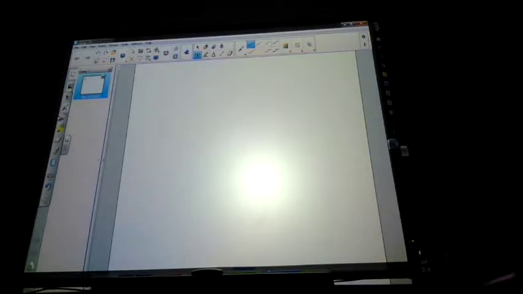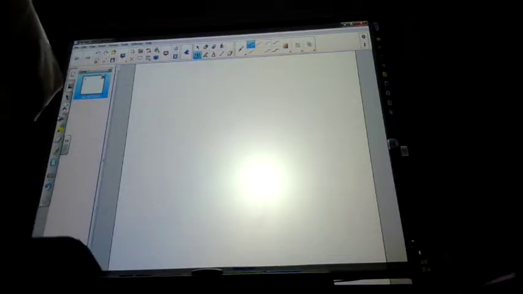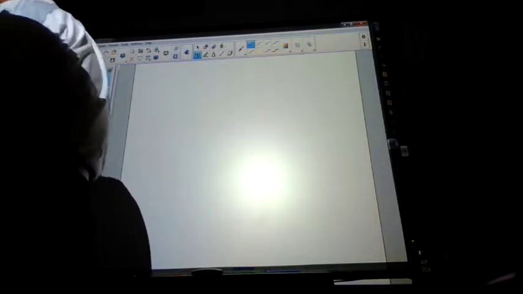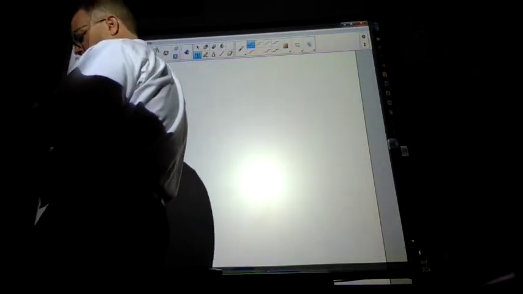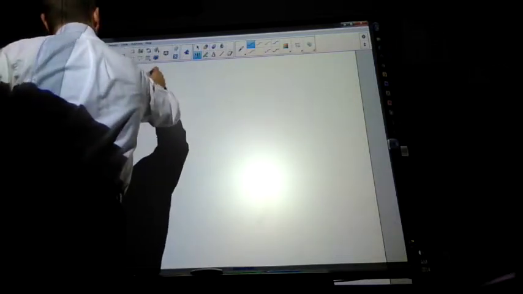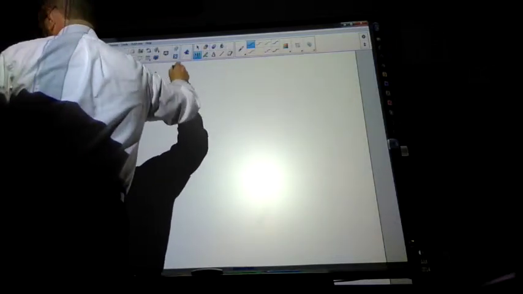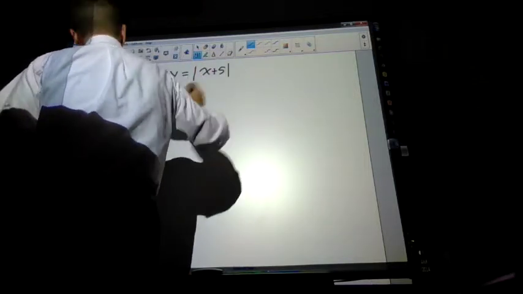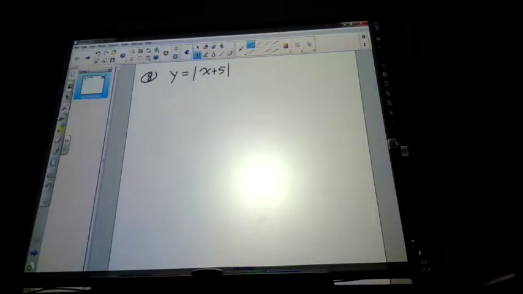Number 8. First, graph the equation and determine visually whether it is symmetric with respect to the x-axis, the y-axis, and/or the origin. Then verify your assertion algebraically. Okay.